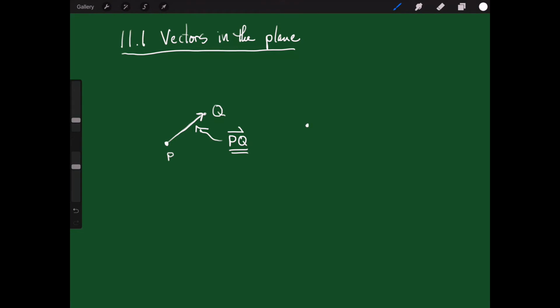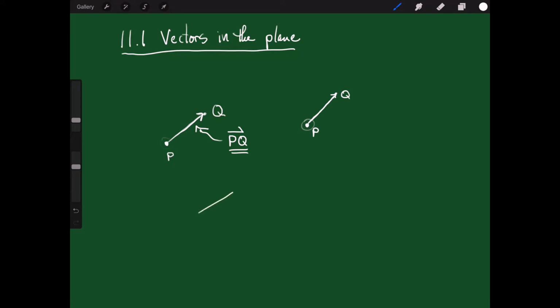If I draw another vector over here with the exact same direction as the first vector, I might also call this the vector PQ. The P over here and the P over here may not be the actual same point in the plane, but as long as the slope and the length of that vector are the same, we consider them the same vector.